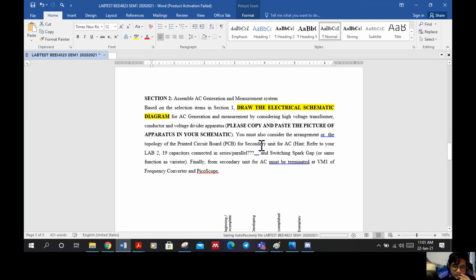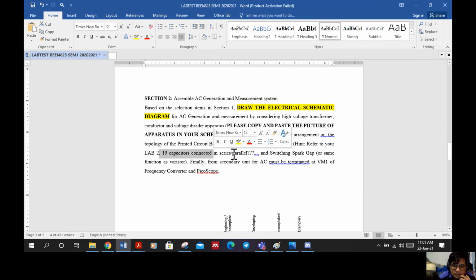Okay. Next thing is the secondary, 19 capacitors connected in parallel. So we have the switching spark gap.